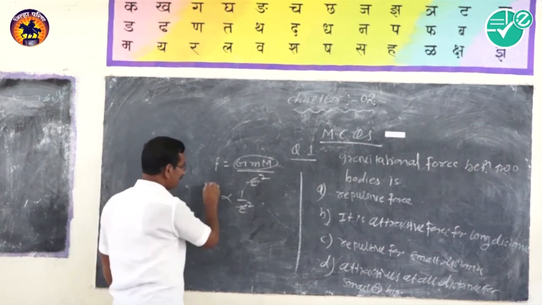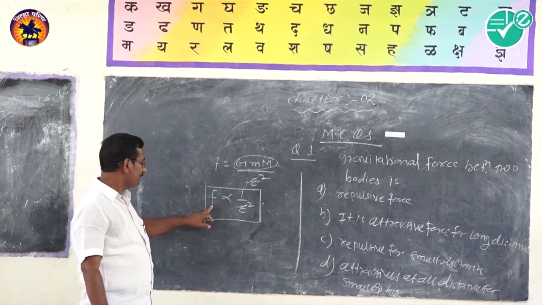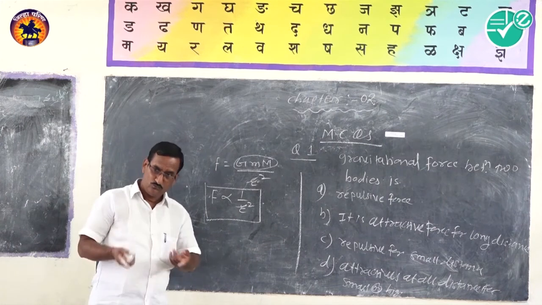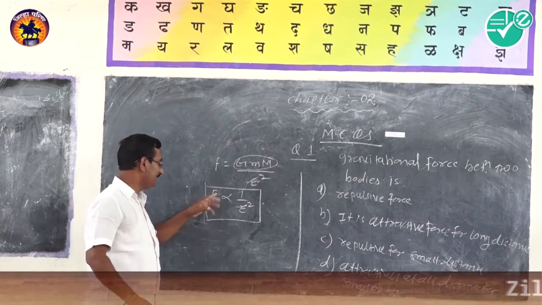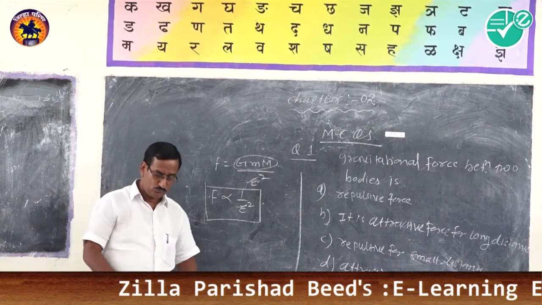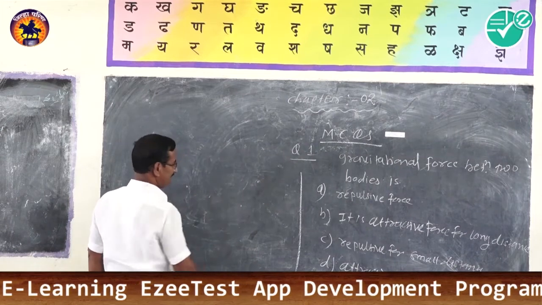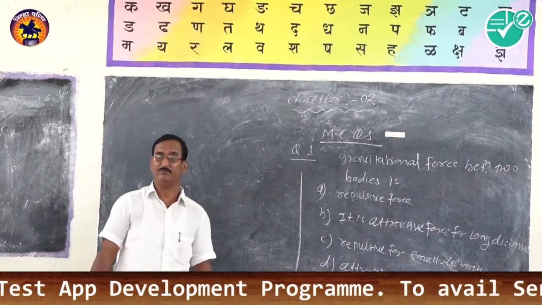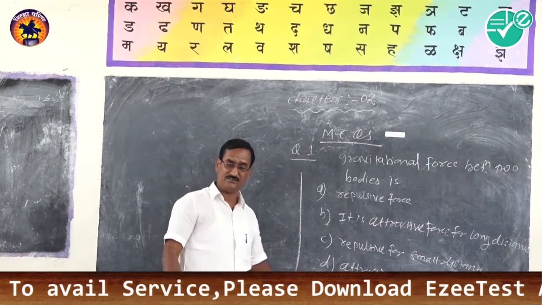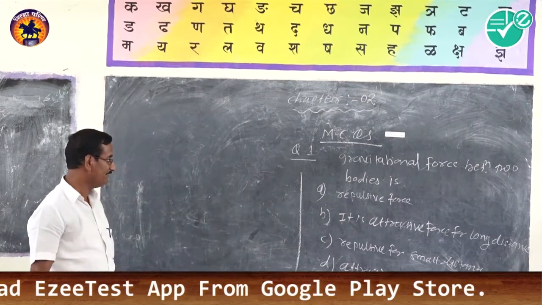From this relation we draw a conclusion: if the distance between the two bodies decreases, then the force of attraction between them increases, and if the distance between the two bodies increases, then the force of attraction between them decreases.